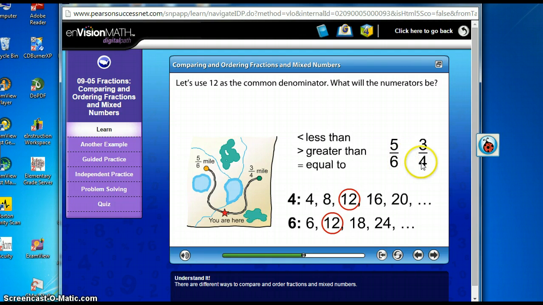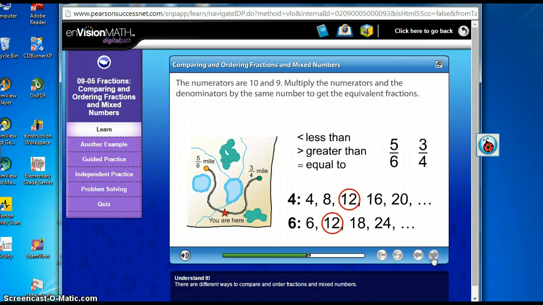I could take 4 times 6 to get 24. And so then my common denominator would be 24. Okay? But there is a smaller number, 12. Either way, I'll still have a common denominator for both of them, and I'll be able to compare my fractions. And we'll talk about that a little more when we do our notes.